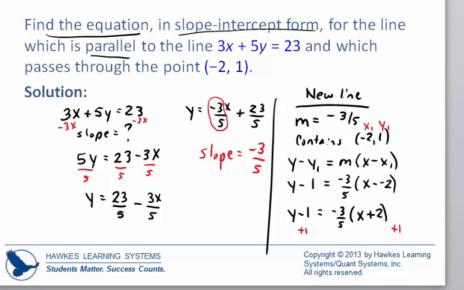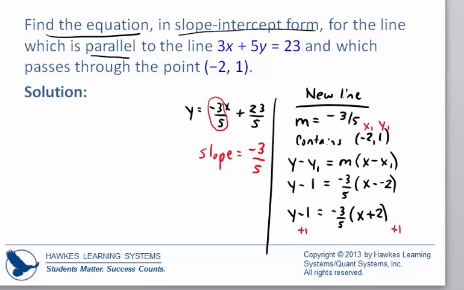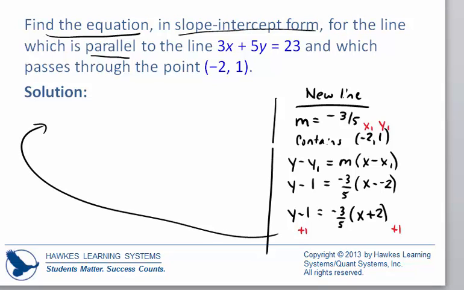All right, and I'm going to make myself a little bit of room here. Let's get rid of this over here. And so now I have y is equal to negative 3/5 times the quantity x plus 2, plus 1.